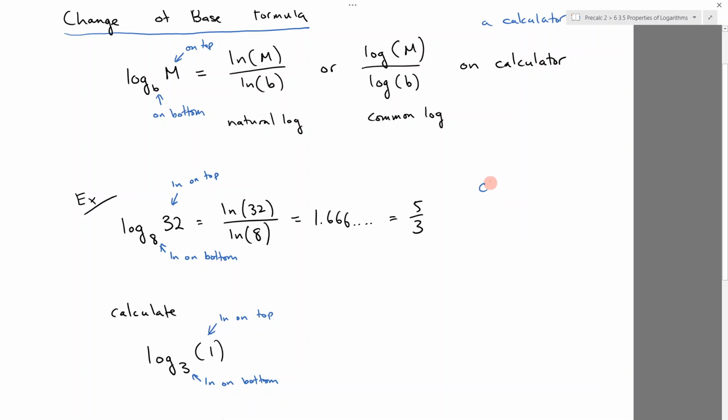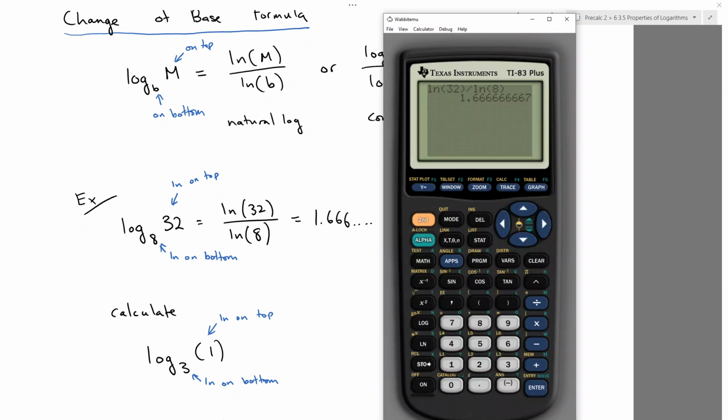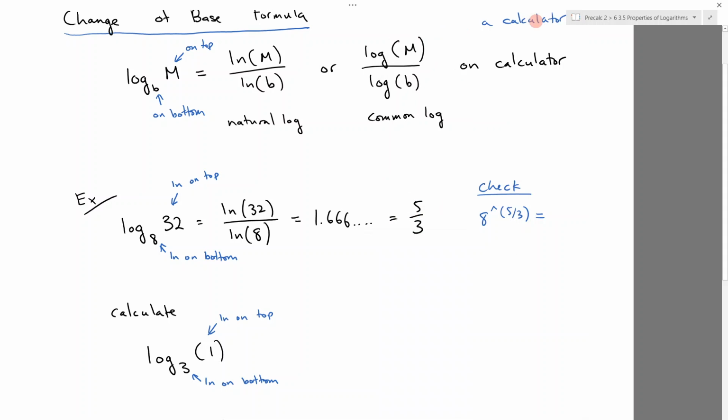And then you can check by doing the exponential form. If you remember, base to this thing should get you this thing. So 8 to the 5/3 power gives me 32, which is exactly what we want.